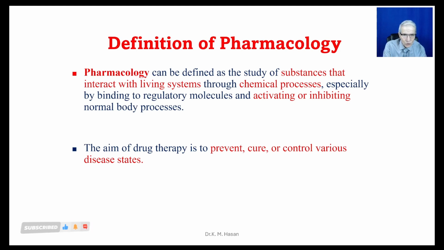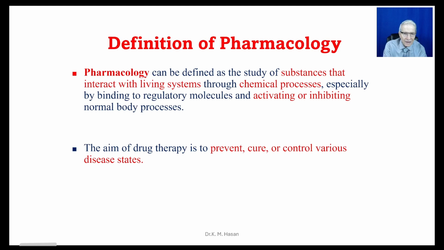Okay, cure. A very popular example of a cure from disease is when the patient suffers from tonsillitis, a bacterial infection. We prescribe an antibiotic to cure the infection. This is number two. Number three, when you talk about controlling various diseases, this is mostly applied to chronic disease.